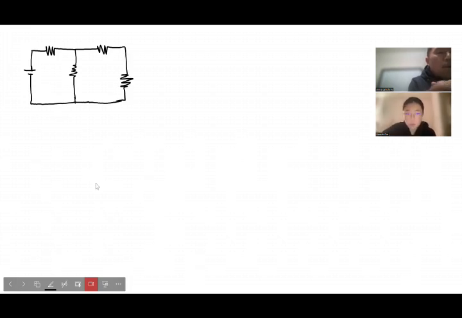Resistors connected in parallel and in series with the EMF, the battery. So they provide current along this DC circuit, and each resistor is defined with a different value.